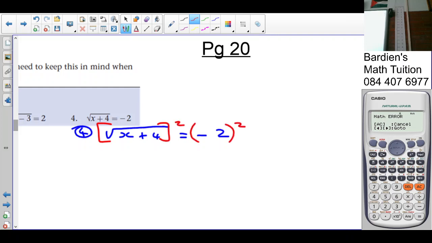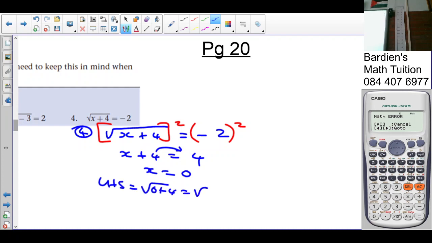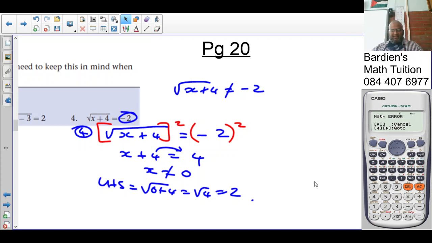So it becomes x plus 4 equals 4. Take it over. So x is equal to 0. And test if it works. You put 0 into the left hand side, so you're going to have the square root of 0 plus 4. This is the square root of 4, which is 2. Is 2 the same as negative 2? No, so no solution. But we should have seen that the square root of a negative number is not going to work. So immediately, when you got the square root of x plus 4 equals negative 2, you can write there, no solution. Draw a line and write no solution. Right, you guys understand?